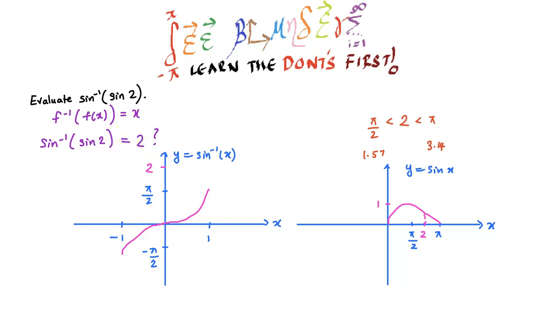So sine inverse of sine 2 cannot be 2, because sine inverse of something can only lie between minus pi by 2 and pi by 2, and 2 is outside of that range, right?